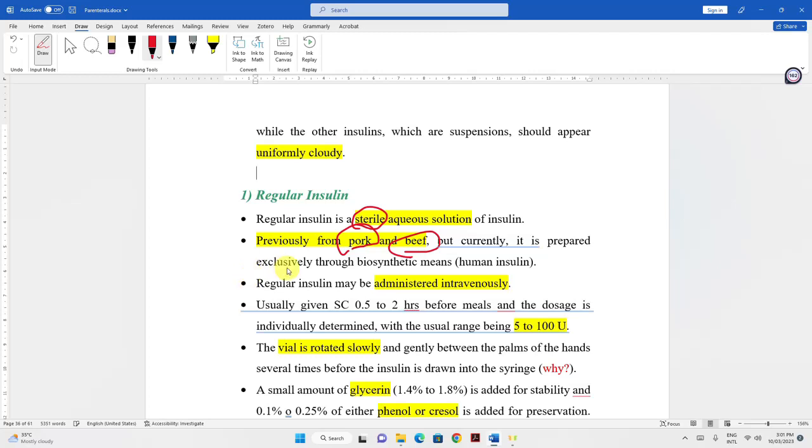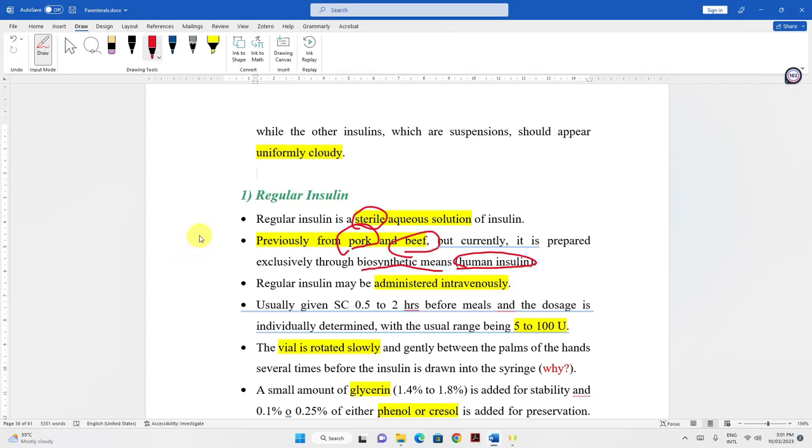But nowadays, they are almost exclusively derived from recombinant DNA, through biosynthetic means, and using that technique we are able to produce exactly the same human insulin that we will give the patients. Nowadays you will not find pork and beef insulin anymore because we already have human insulin.